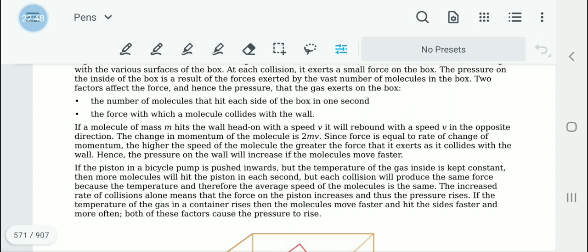Because force is equal to the rate of change of momentum, higher force means higher speed of the molecules. As a result, fast moving molecules will increase the pressure.